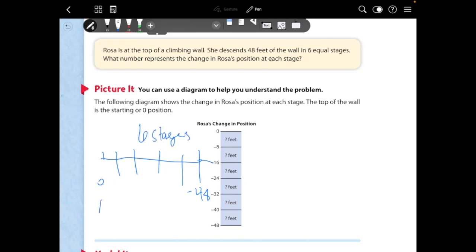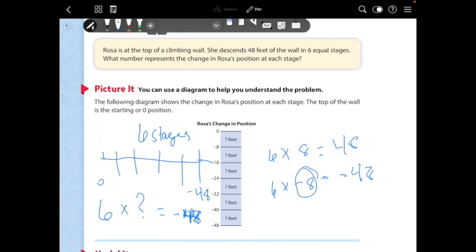So I had to have 6 groups of some length that would give me negative 48. What could that be? Well, I know from multiplication in the 3rd grade that 6 times 8 is equal to 48. And I know from a couple weeks ago that 6 times a negative 8 will give me negative 48. And there we have it, people. 6 times negative 8 will give me negative 48, which is what we want.